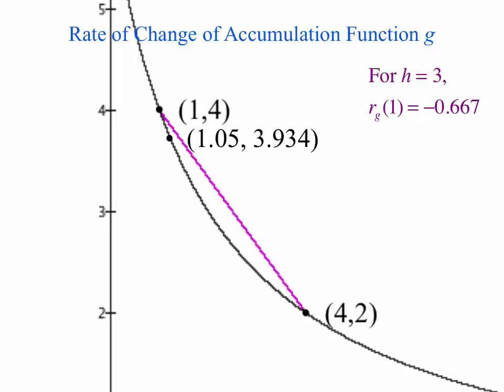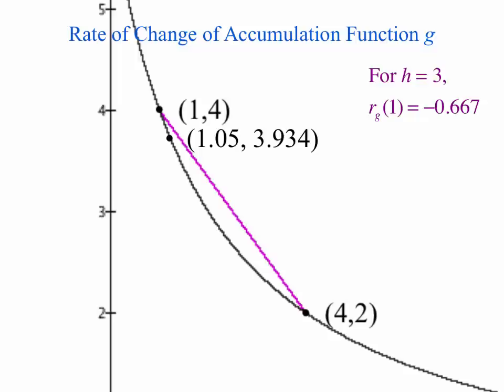I should have asked you before you did that, is this approximation going to be too large of a negative rate of change or too small of a negative? Is the exact rate of change a bigger or smaller negative?